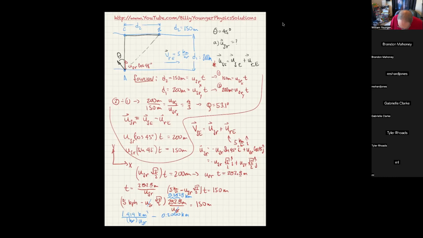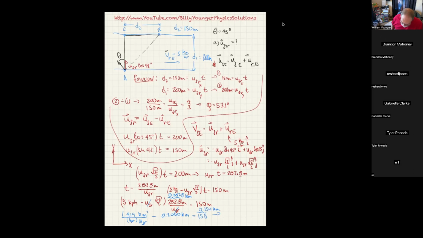Yeah, I think that just turns out to be kilometers, because when I take the kilometers squared and divide it by kilometers per hour, that becomes just plain hours. So that seems to work okay. And this is all equal to 150, which I should make 0.150 kilometers for good measure.